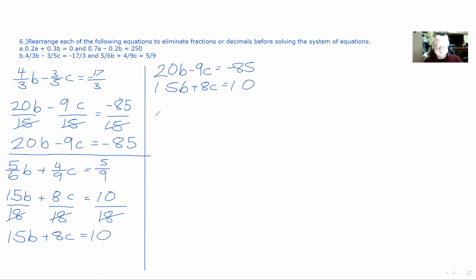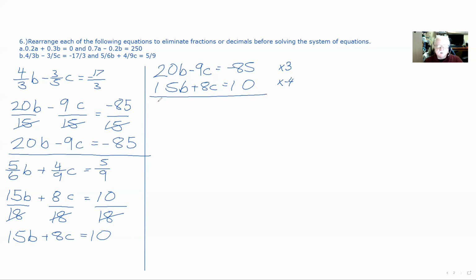So I'm going to multiply this equation by 3 and this equation by 4, but I want one of them to be negative because they have to cancel out. So I'll make this one negative 4.